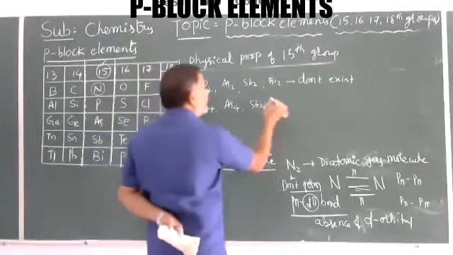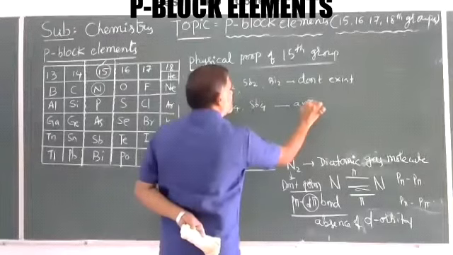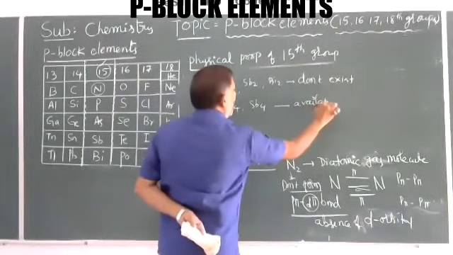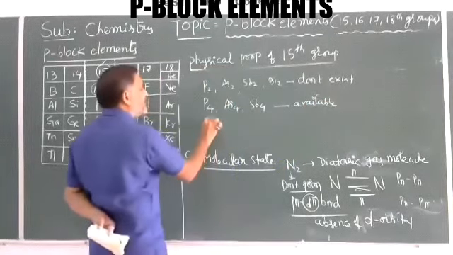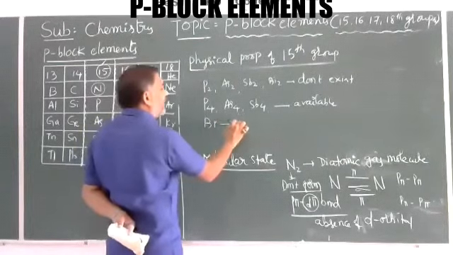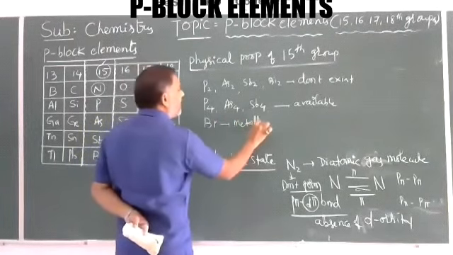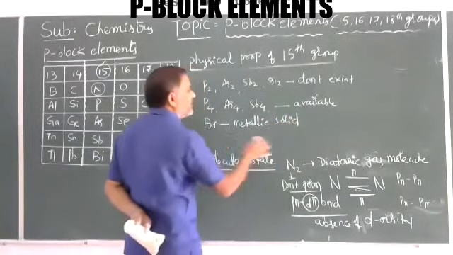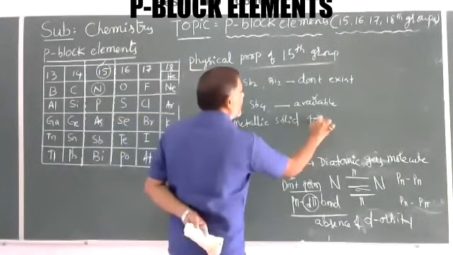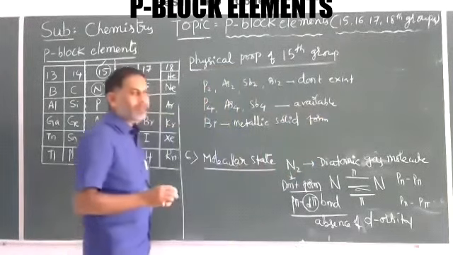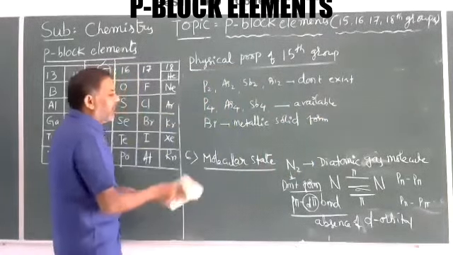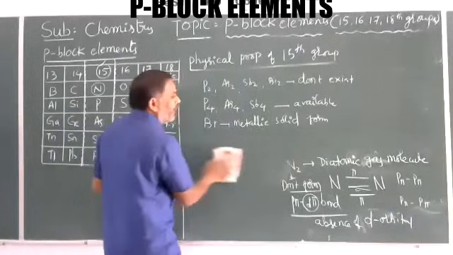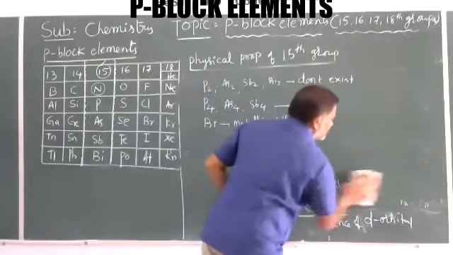Bismuth exists as a metallic solid, not as a molecule. So that is the molecular state of the 15th group elements.